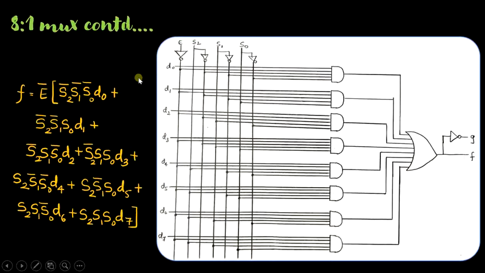Here you can see we are using different NOT gates to represent E bar, S2 bar, S1 bar and S0 bar, and you have the data lines which have been ANDed with the corresponding combination of the select inputs, and finally an OR gate is used in order to obtain the function f. To obtain the function g, we are just taking the complement by using a NOT gate at the output side.